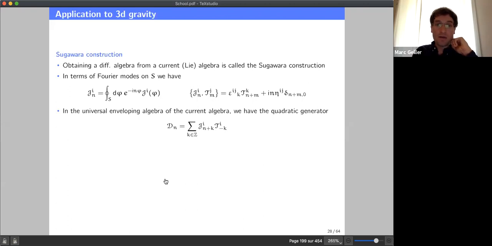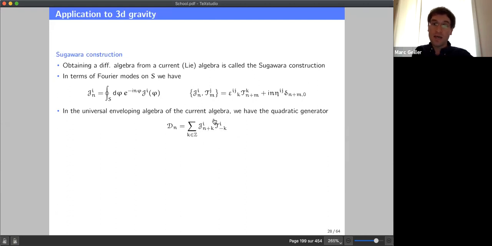In particular, it turns out that there is a particular quadratic generator that you can build from the current algebra. We take the current algebra, generated by the Lorentz generators J and the translation generators T, and we do a non-trivial operation. We construct a quadratic generator by pairing together, via an infinite sum over the modes, a Lorentz generator and a translation generator.